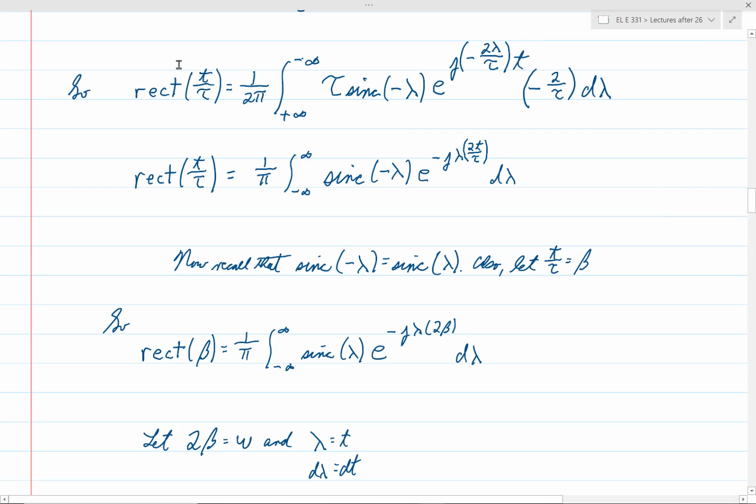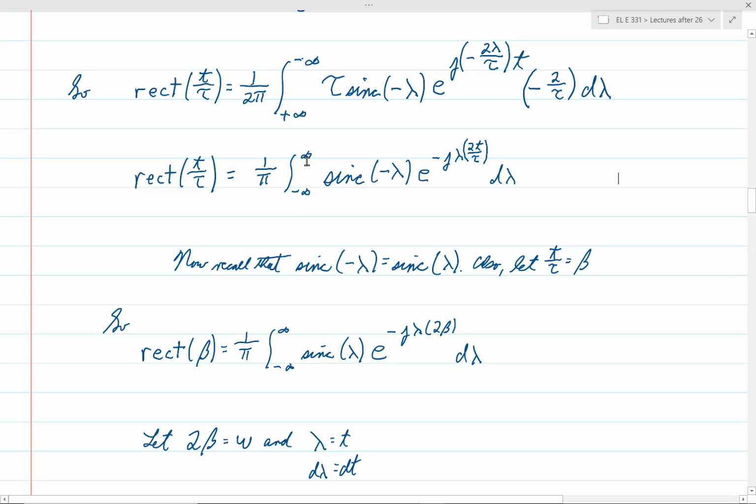Okay, to the next step, I'll just bring down this left-hand side. Now, what happened to the 1 over 2 pi? How has it become 1 over pi? Well, I have a 2 right here. So that 2 cancels with the 2 here, and that's how 1 over 2 pi became 1 over pi. Now, the next thing you notice is that the limits on the integral have flipped.